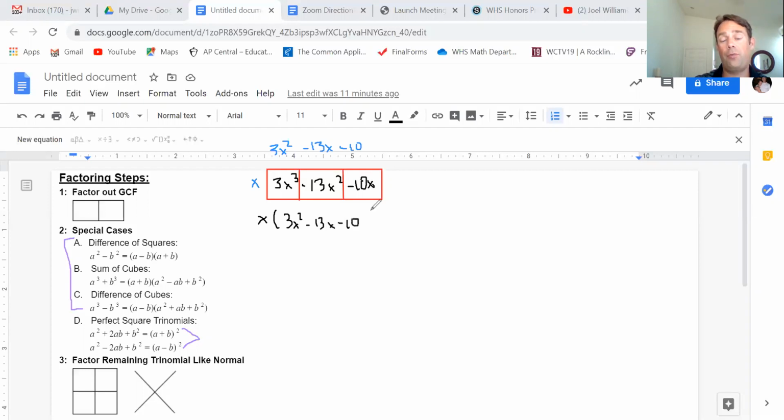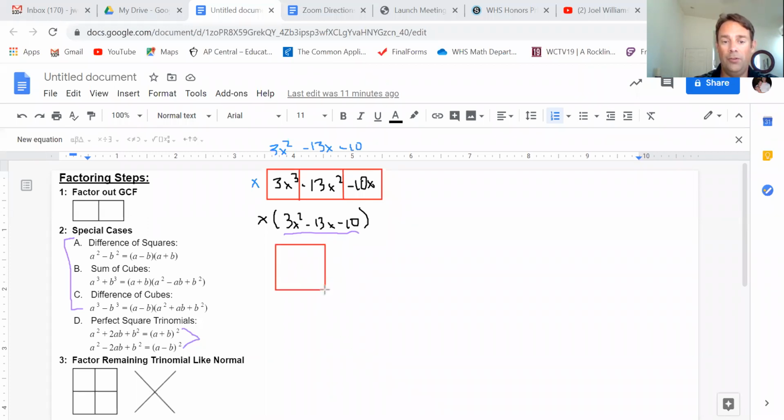Whenever I have 3 terms left, I automatically jump down to factoring with the diamond and box. If there are 2 terms, then I look for one of my special cases. So I notice that I have 3 terms left, and I'm going to use the diamond and box.